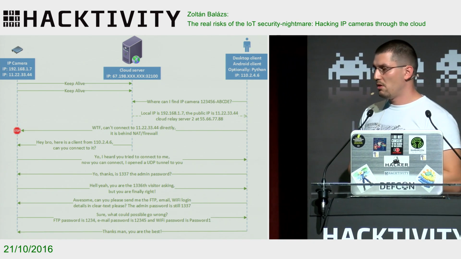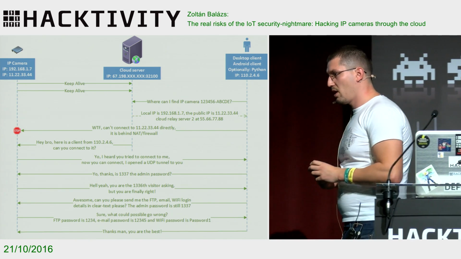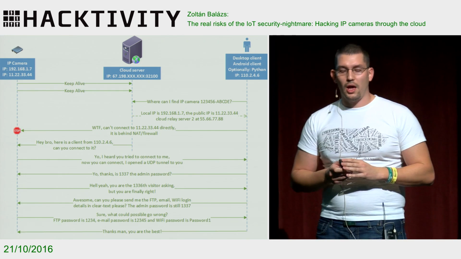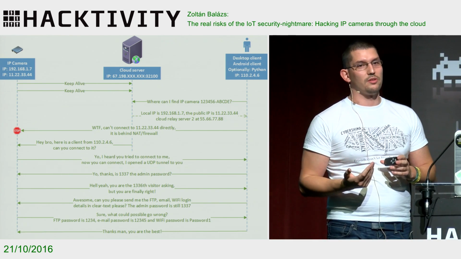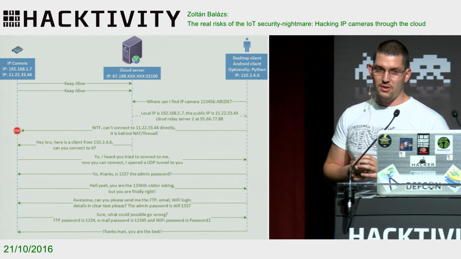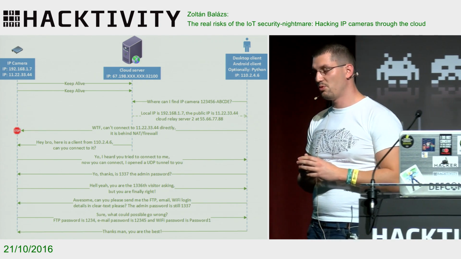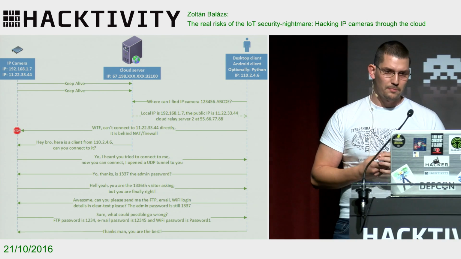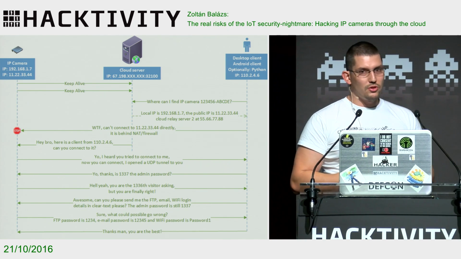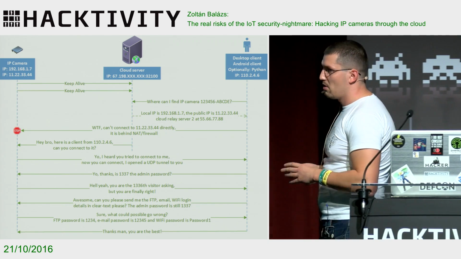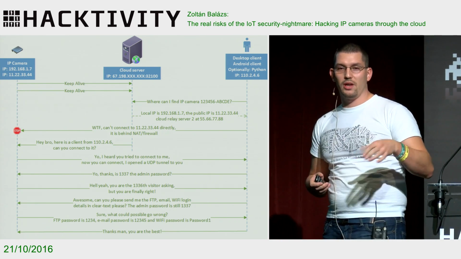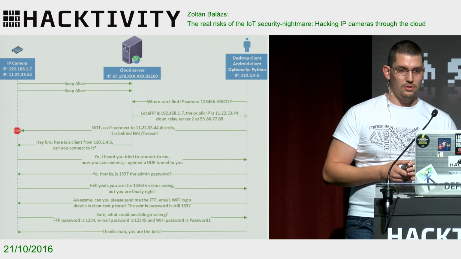By default, the username for this camera is admin. What a surprise. And the password is 4 characters, but only numeric. So you can guess how hard it is to brute force this camera password. And unfortunately, there is no brute force protection in the camera itself, so you can keep trying and trying and trying until you find the good password.